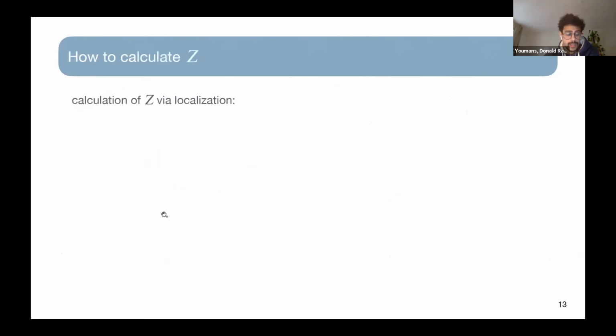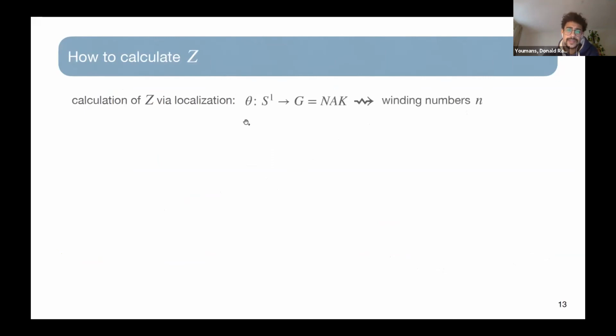So just a very quick word towards the end of how to actually calculate this partition function. One idea is that the calculation can be done via localization, but this is actually a formal calculation. So one may take it as probably a definition, but there are many hints that this is a good definition.